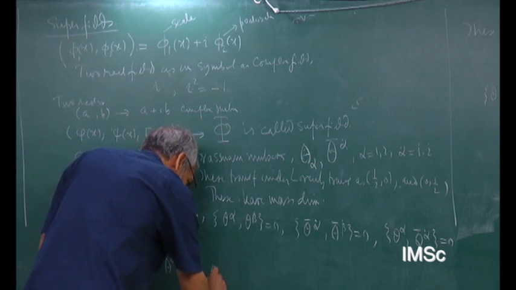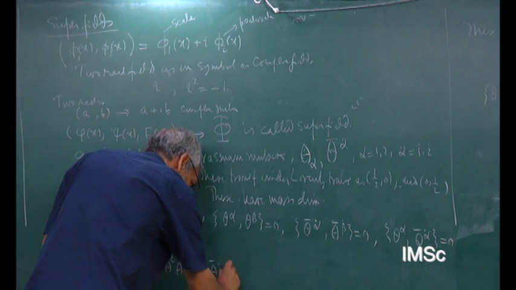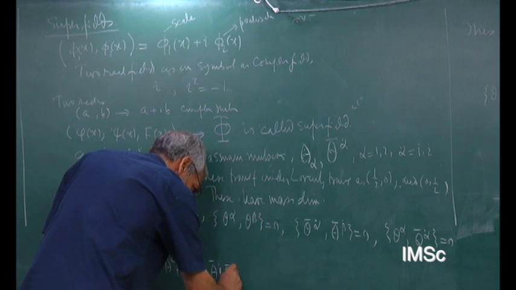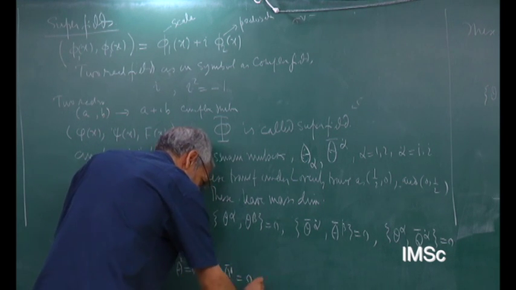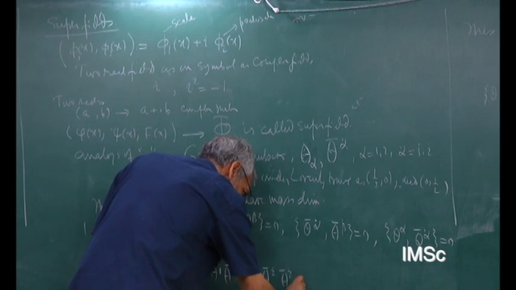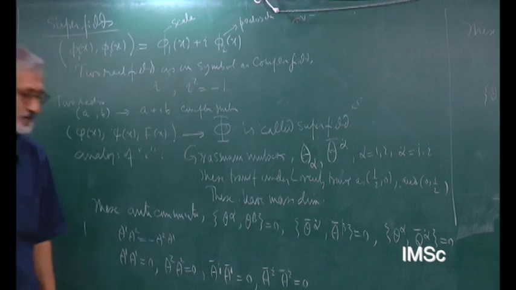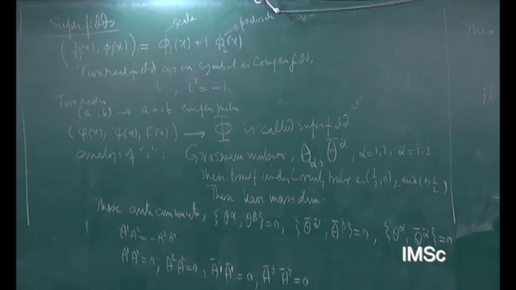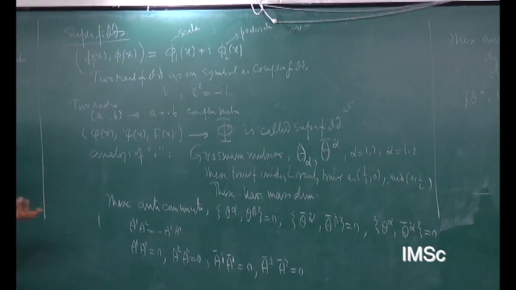Similarly, theta bar 1 dot times theta bar 1 dot is 0, and theta bar 2 dot times theta bar 2 dot is 0. What that means is that the square of each one of them is 0.